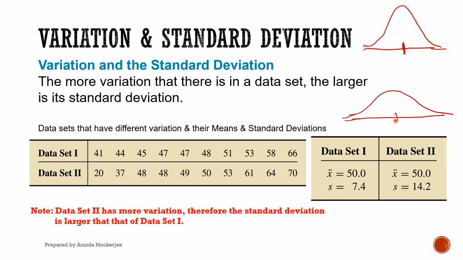As you can see over here in the second diagram, we have the mean at the center, but the data set is spread out far from the mean. Okay, so again, keep that in mind. The higher the standard deviation, the greater is the spread of the values from the mean. The lower the standard deviation value, the closer the individual values are distributed around the mean, around the center point.